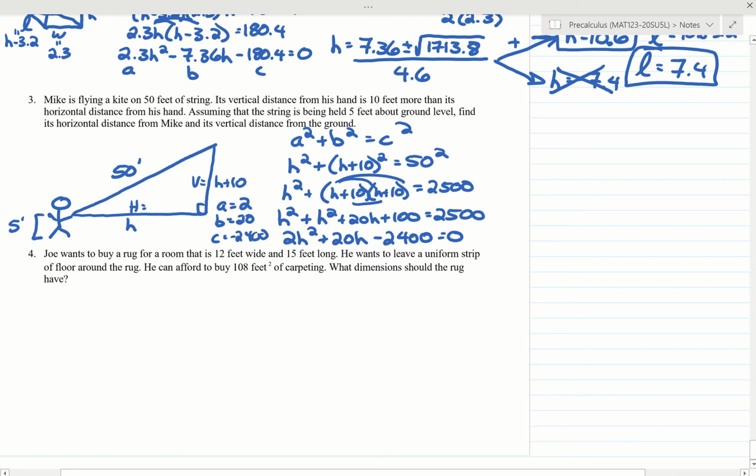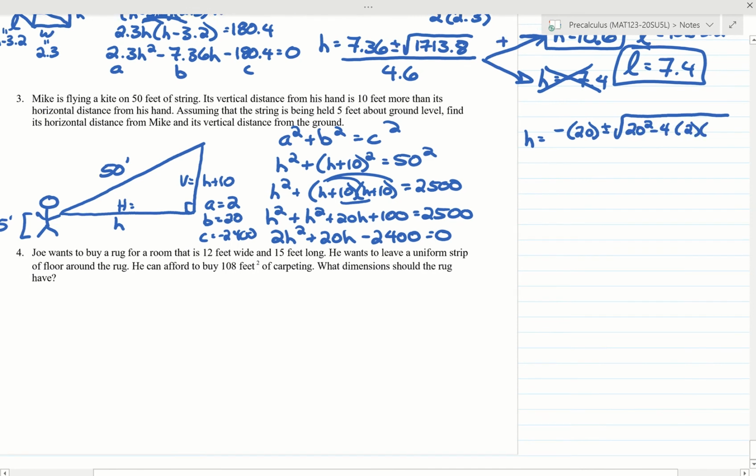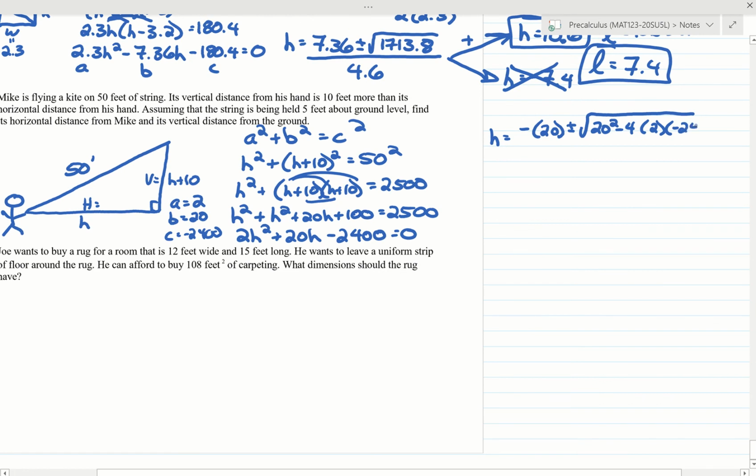Similar to the other problems. So let's do this. The height, I'll finish it on the side, would equal the opposite of b, plus or minus the square root of b squared minus 4ac, all divided by 2a.